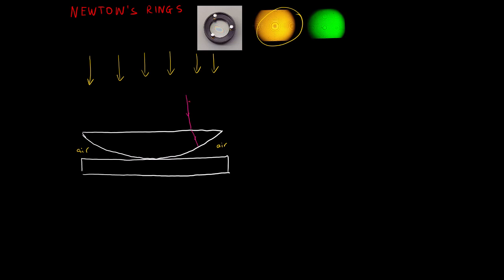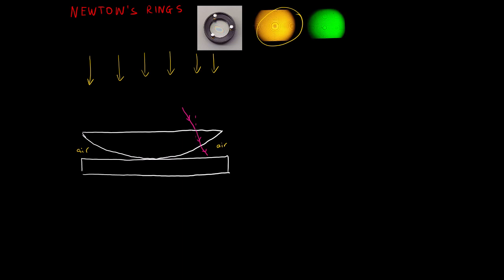Actually, my drawing is a little bit off. Let's start all over. I need the normal. So here's the incident ray, and it's going to refract inside, and then it's going to refract again outside.